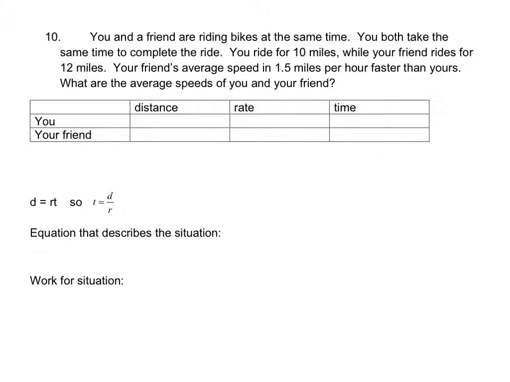Okay, so again, you ride 10, your friend rides 12. Your rate is X. Your friend is X plus 1.5, and they're both the same time. So, again, T equals D divided by R. So your D divided by R is 10 over X. His is 12 over X plus 1.5. But they're equal because the times are the same. So now we've got to cross multiply.